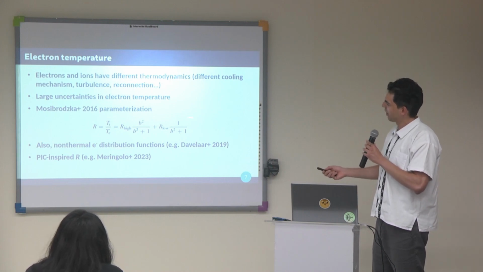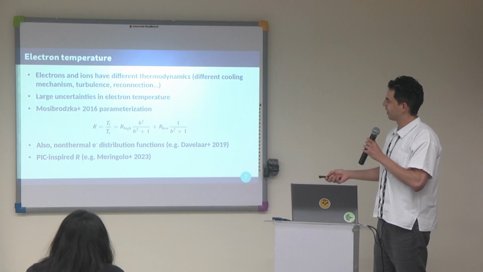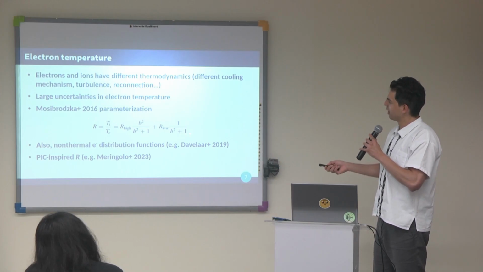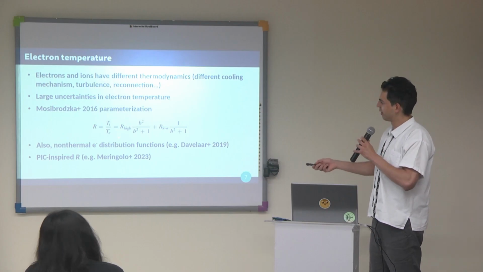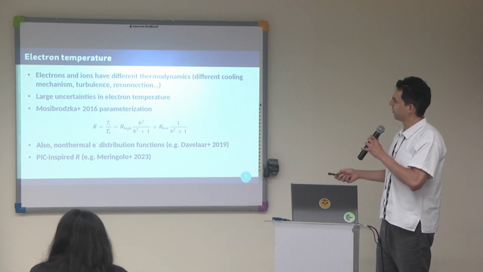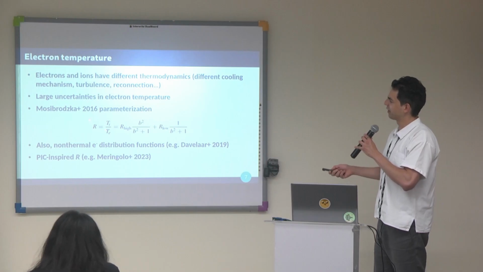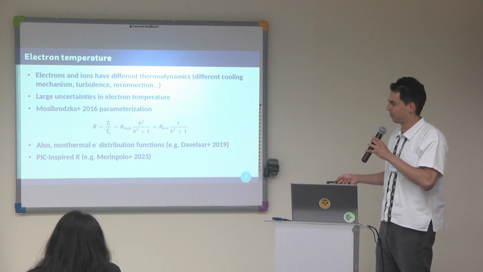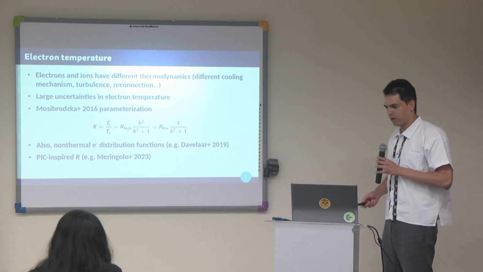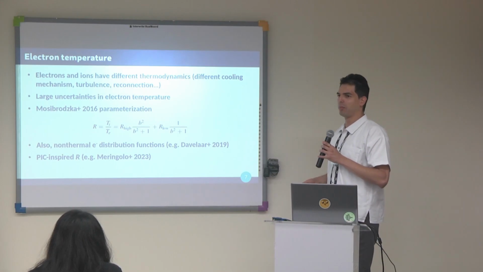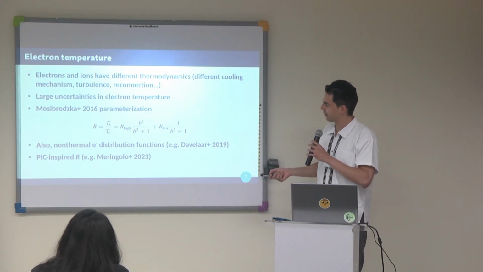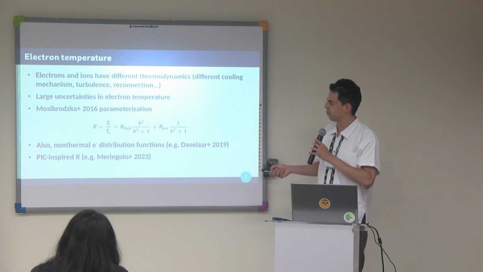Something else that people have been trying to do quite recently is to try to go beyond this prescription that has these two free parameters and compute from first principles what the appropriate ratio between electron and proton temperatures would be. However, in order to do that, one has to go beyond the fluid approximation and use other techniques that are called particle-in-cell simulations.